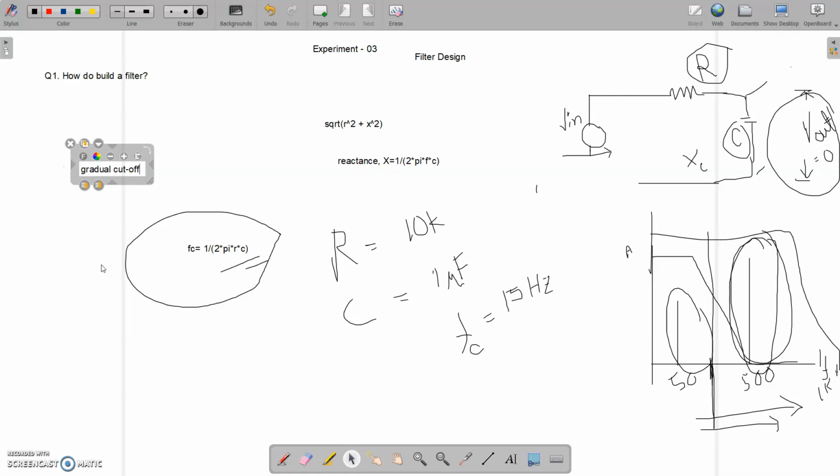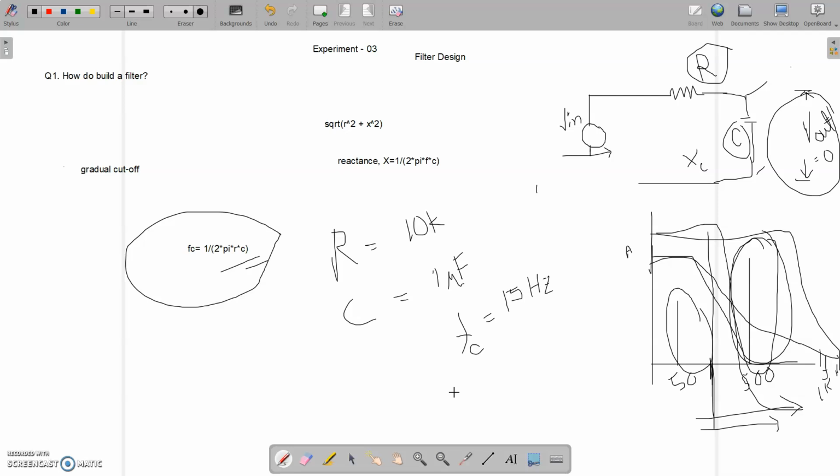When I have a very close frequency range, like 550 hertz, and I get a gradual cutoff like this, sometimes I will get a portion of 500 hertz also, but I don't want any signal of 500 hertz. So I need a very sharp cutoff so that I don't get any 500 hertz. So I have to straighten my curve, and how to do that will be our next question.